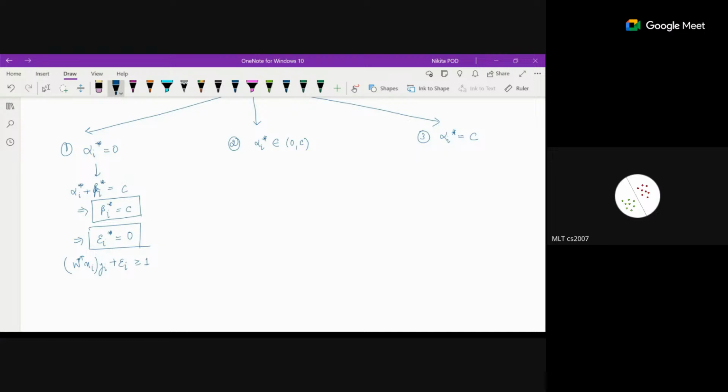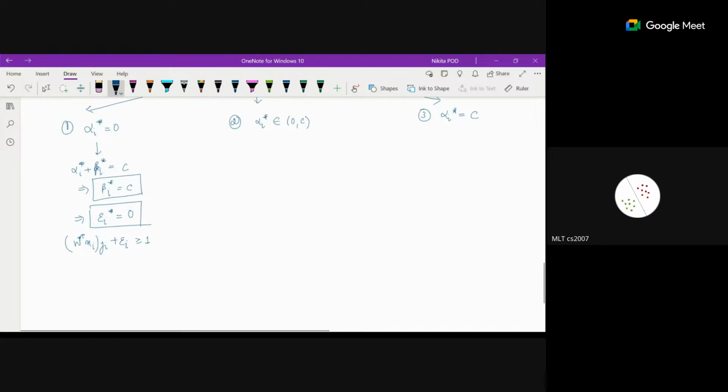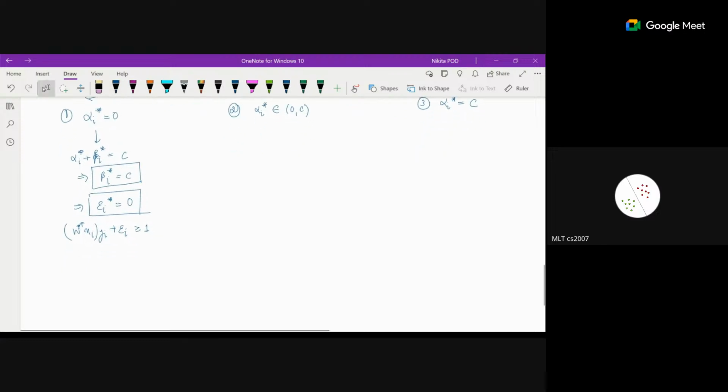Now, what was the constraint for our original problem? Our constraint was that W star transpose Xi yi plus epsilon I should be greater than or equal to 1. But now, if my epsilon I star is equal to 0, what I can say is that W star transpose Xi yi should be greater than or equal to 1.